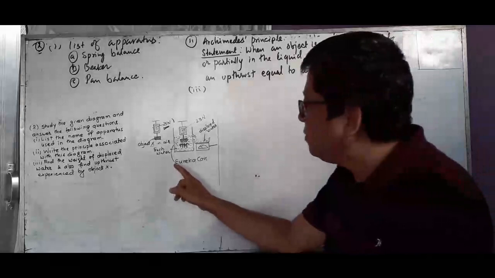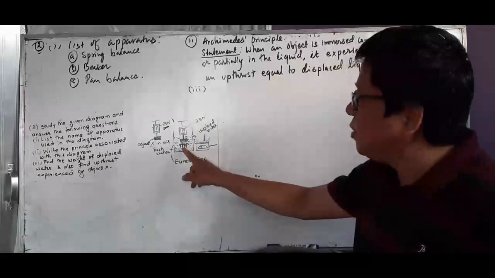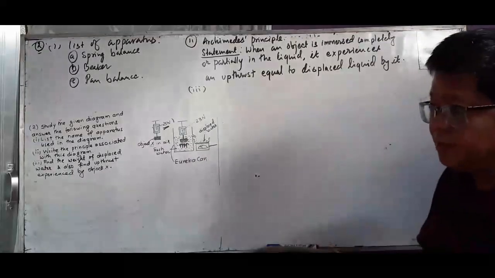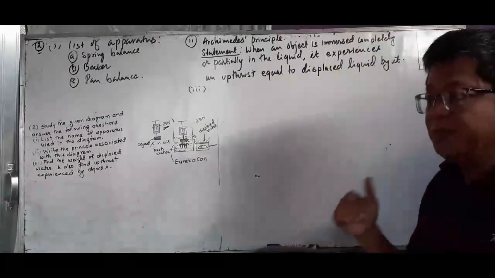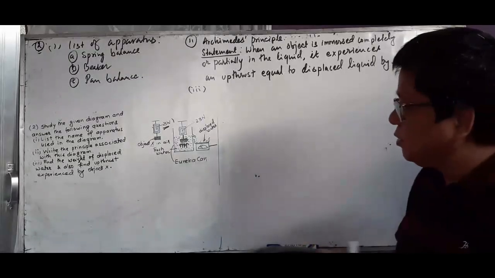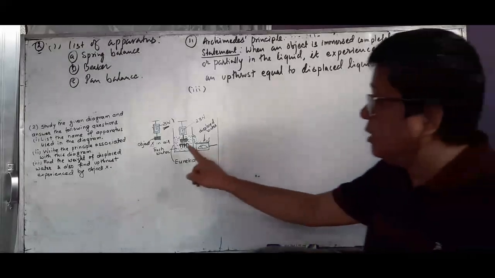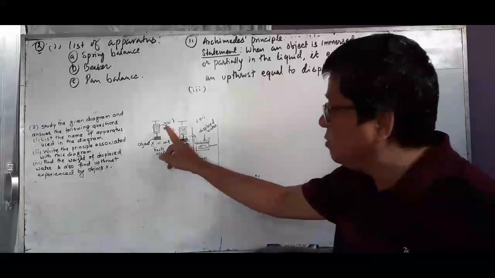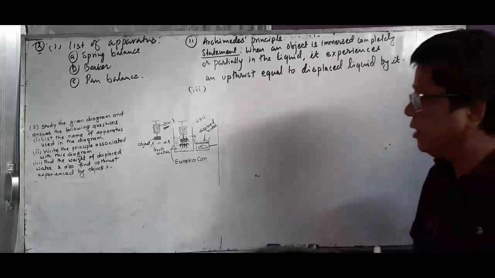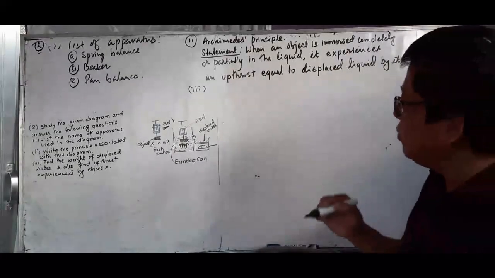It is because of upthrust inside the water. Outside there is no upthrust of water, but there is an upthrust of air, which is negligible. So it is harder to lift in air, but inside the water it is easy because there is upthrust which reduces the weight.